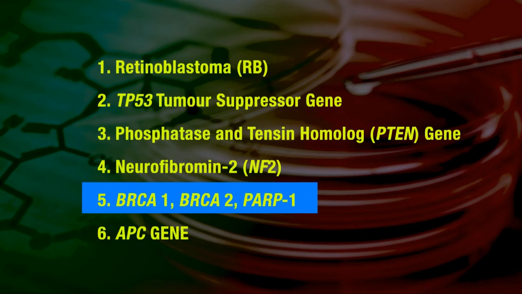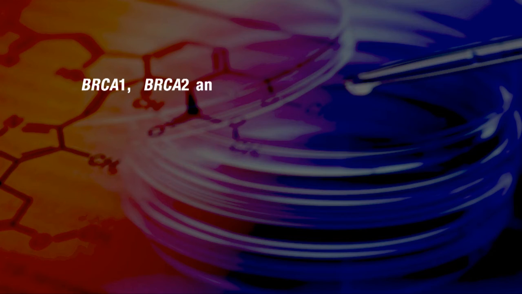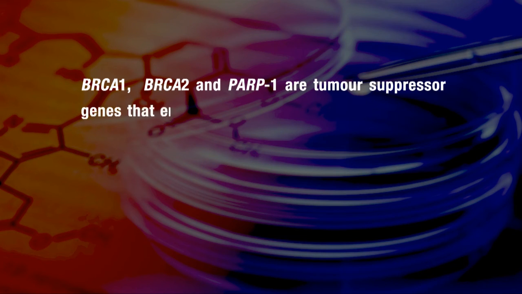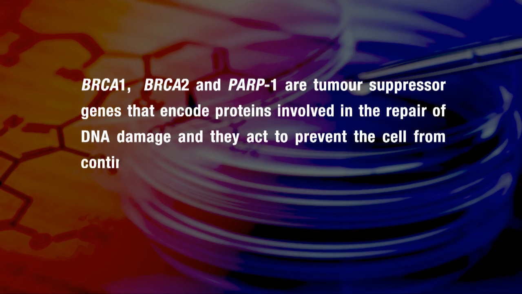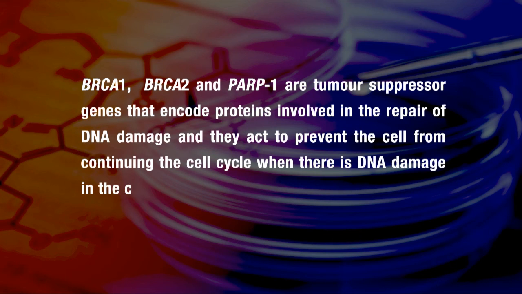Next are the BRCA1, BRCA2 and PARP1 genes. BRCA1, BRCA2 and PARP1 are tumor suppressor genes that encode proteins involved in the repair of DNA damage, and they act to prevent the cell from continuing the cell cycle when there is DNA damage in the cell.